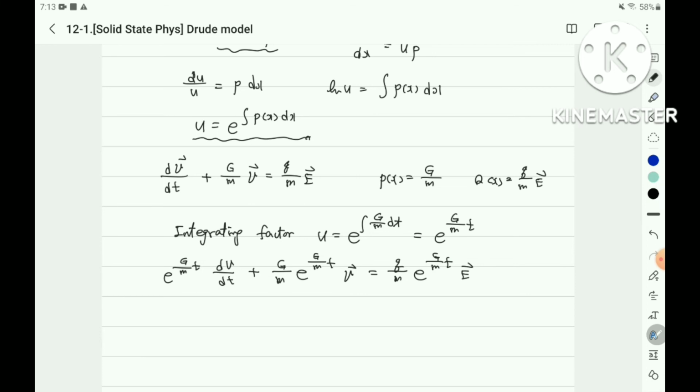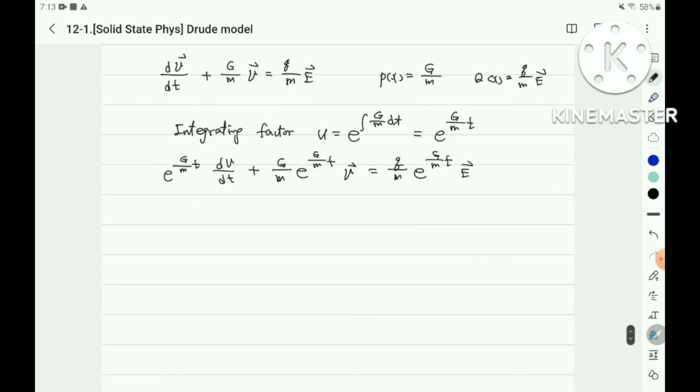We multiply both sides. Then the left hand side can be written as d/dt of exponential (g/m)t v, and the right side is qE/m exponential (g/m)t.